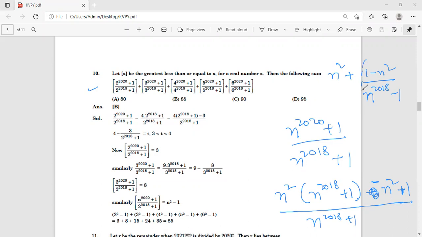So this is less than 1. So integral value of this will be, you can write minus n square minus 1 here. So this becomes positive. So n square minus something less than 1. So basically integral value here is n square minus 1.